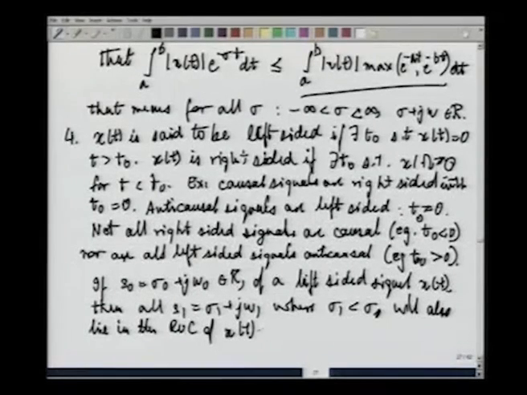The argument is simple. We are saying that sigma 1 is less than sigma naught, and we already know that x t e to the minus sigma naught t converges, that is, is absolutely integrable.